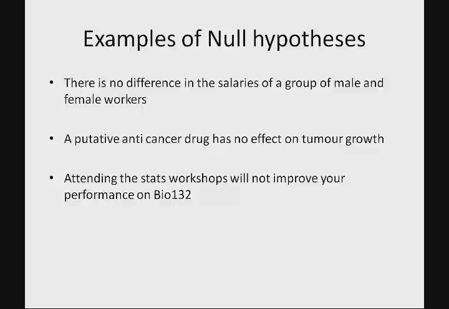You might test 2 populations on it, and your null hypothesis would be that a putative anti-cancer drug has no effect on tumour growth. Or, if you're being cynical, if we think these workshops are any good, you might set up a null hypothesis saying that attending the stats workshops will not improve your performance on Bio 132. So those are examples of null hypotheses.